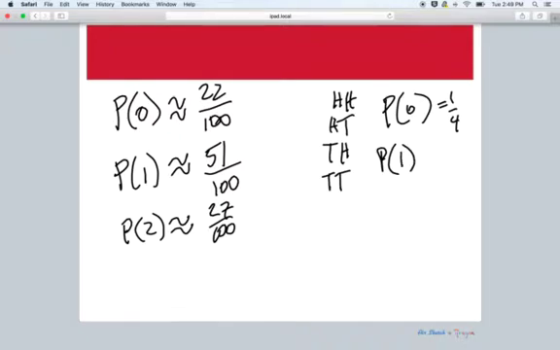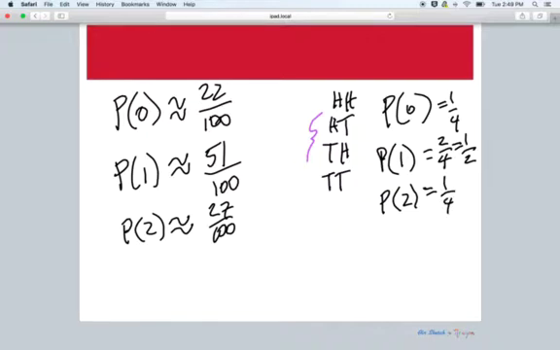The probability of getting one head happens in those two cases, so 2 out of 4, or 1/2. And the probability of two heads is also 1 out of 4.